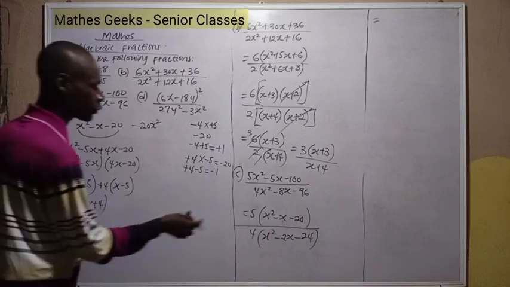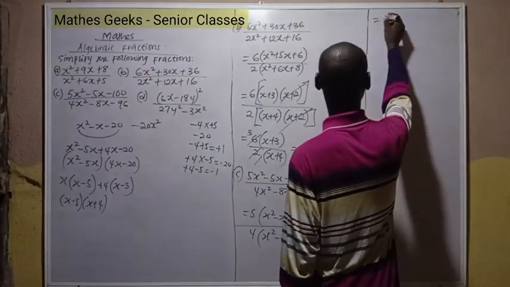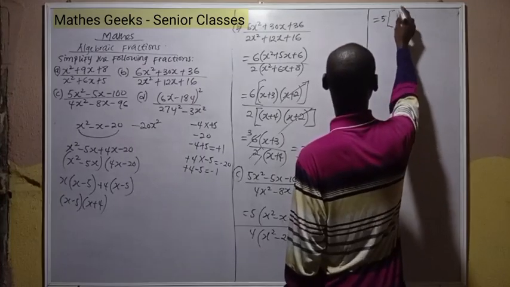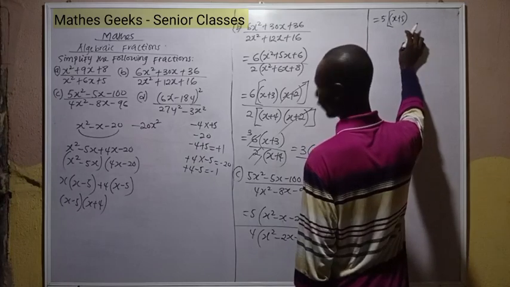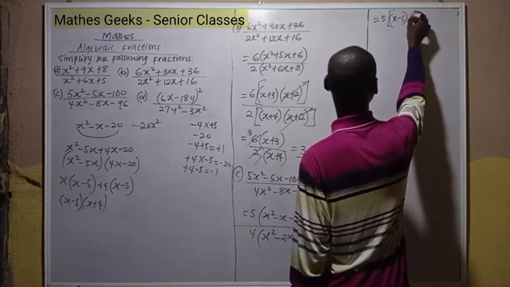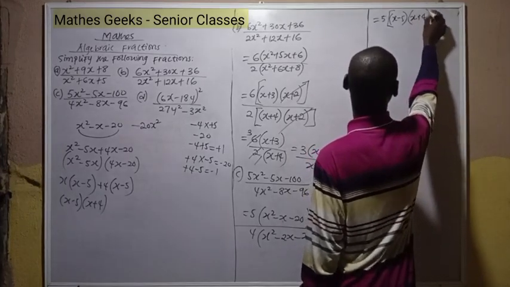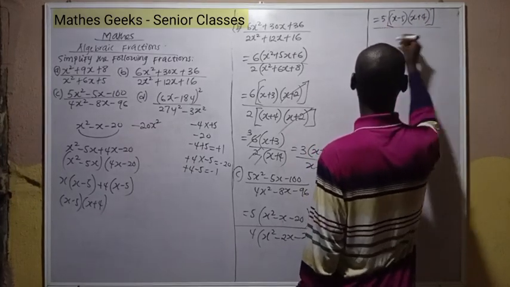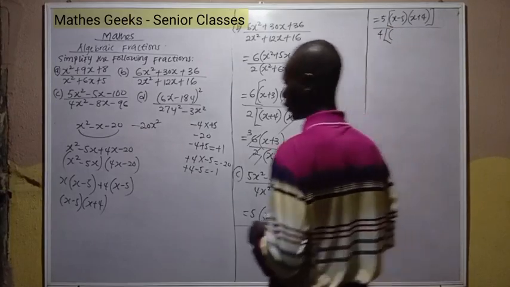Put this in place of this here. So this simplifies to 5 times x minus 5 and x plus 4. Bracket close. So here, remember, here is 4. So let's do the same thing here.